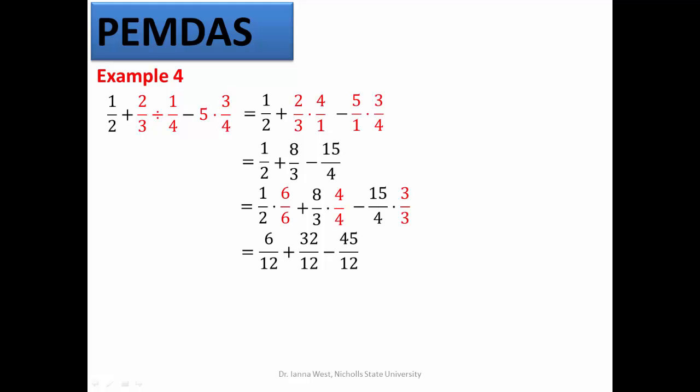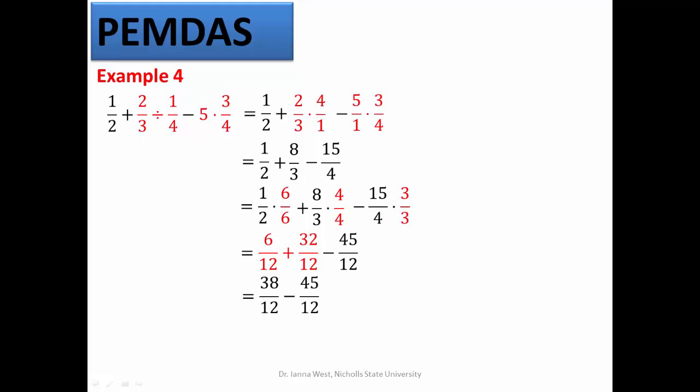At this point, we perform addition and subtraction from left to right. Therefore, we will add the first two fractions. Adding these two fractions gives us 38/12, and then we subtract 45/12 from that result.